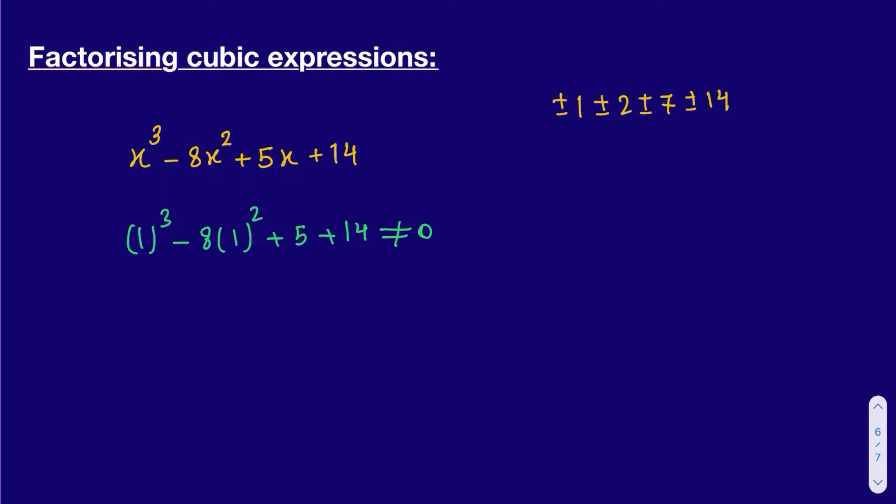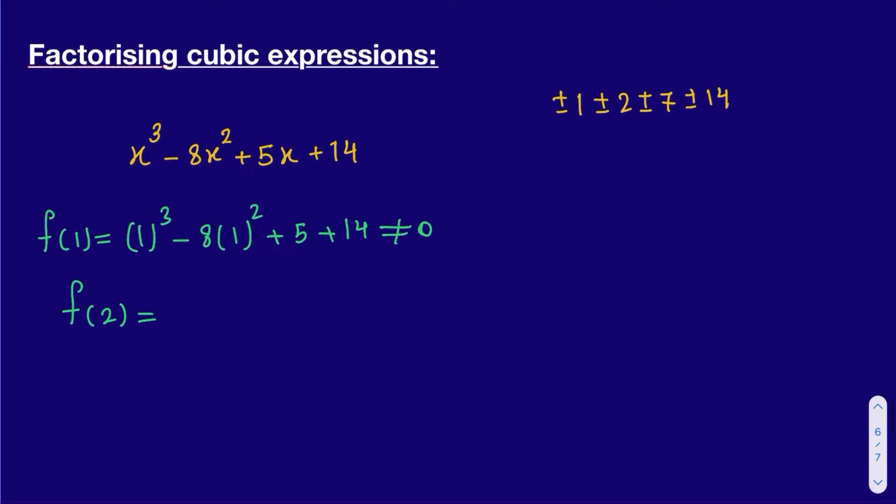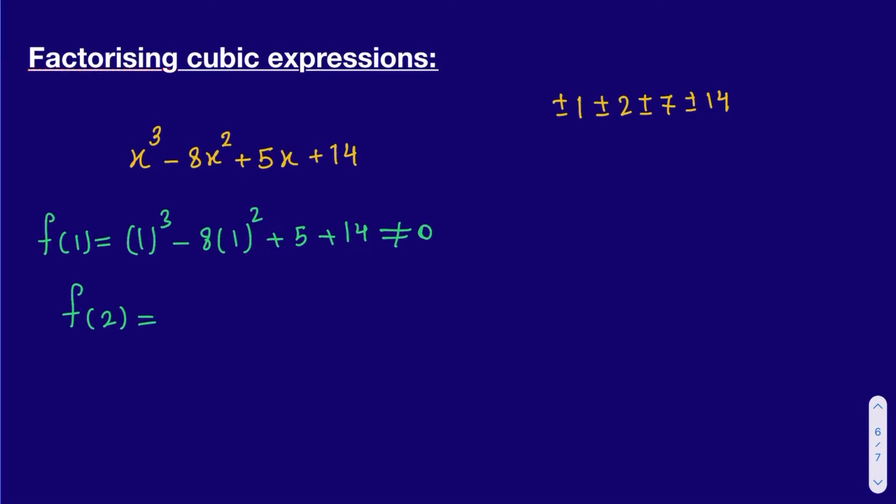So let's jump to 2 before trying minus 1. Let me write it this way: F1, and now F2. Let's try 2. If I substitute 2 into the original equation, I will get 2 to the power of 3 minus 8 times 2 to the power of 2 plus 5 times 2 plus 14.